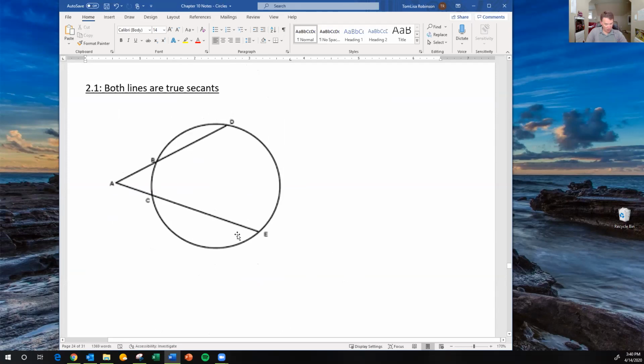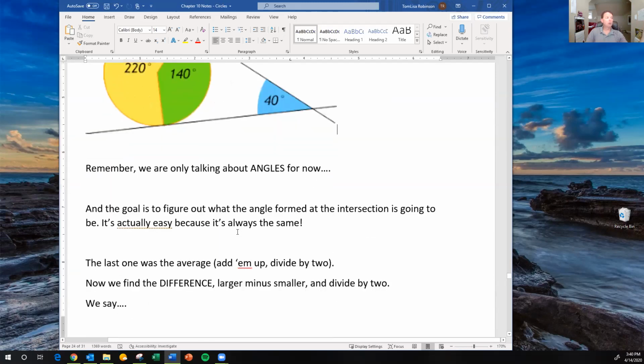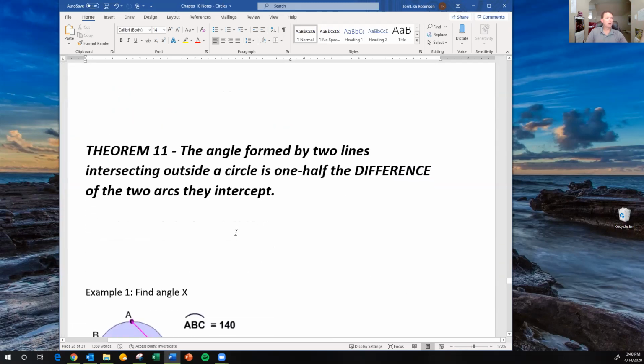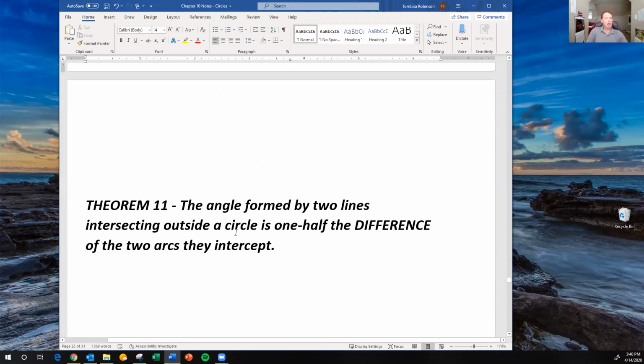The good news is the way we find the angle, and by the angle I mean the angle formed where the two secants intersect, is the same for all three of these. So let me scroll ahead to the theorem, then we'll look at some examples. So here's the theorem. And I'm going to highlight a couple of things. First of all, I'm going to highlight angle and arcs. Same thing we saw before.